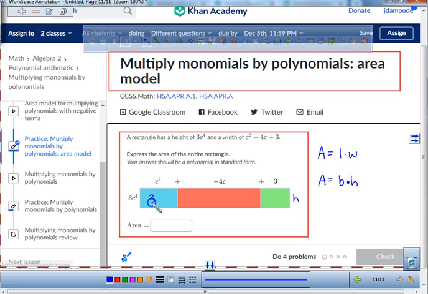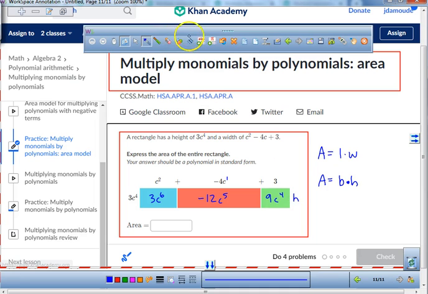That's going to be 3c to the power of 6. And what's 3 times negative 4? That's negative 12. And c to the power of 4 times 1 more c is c to the power of 5. And then 3 times 3 is 9. And then we're going to put c to the power of 4.